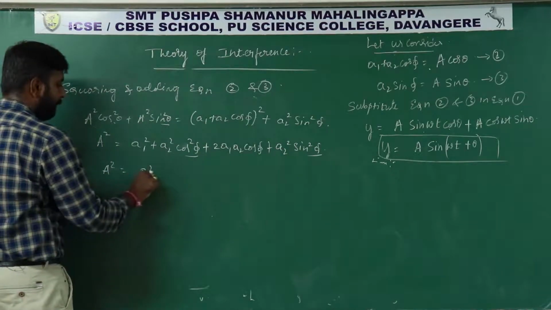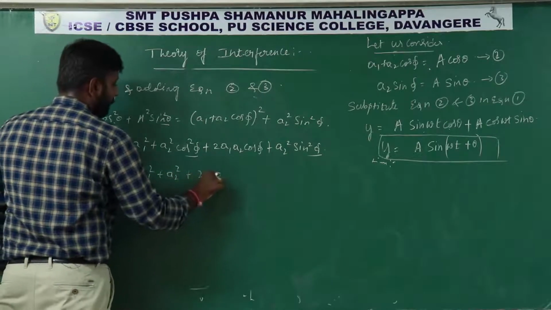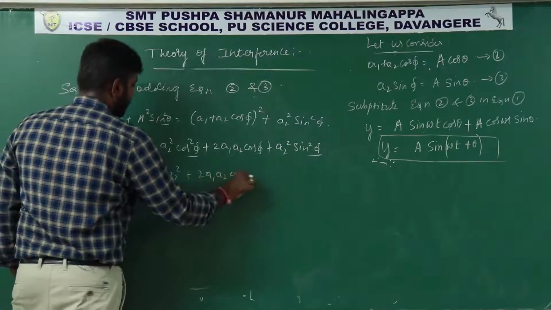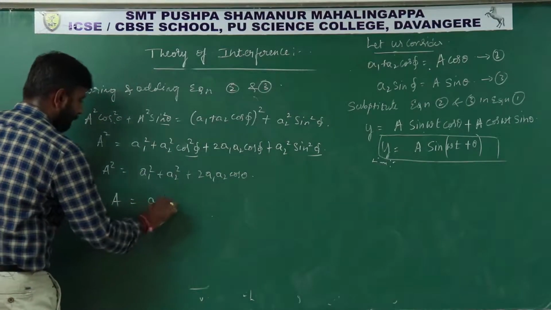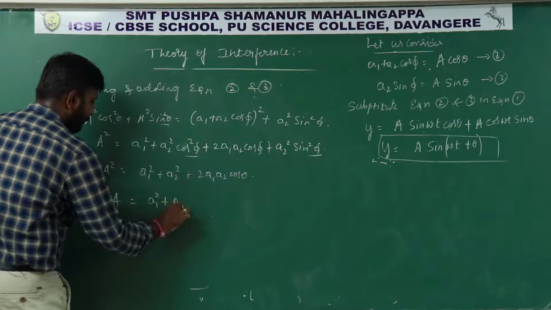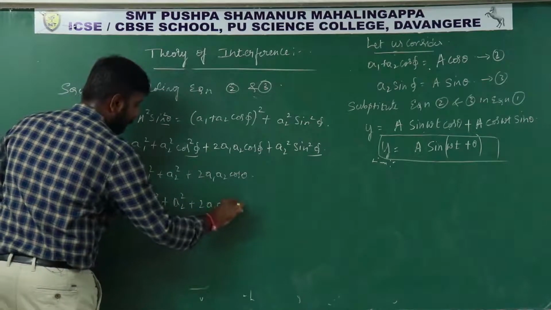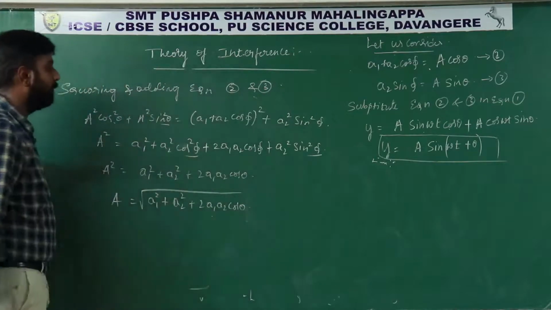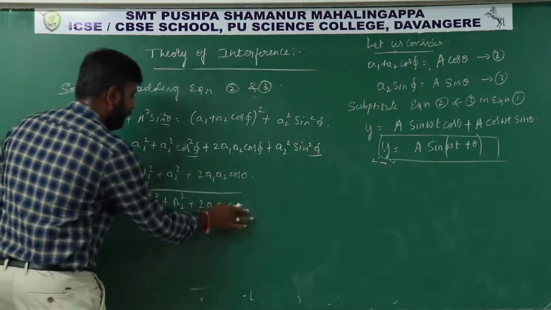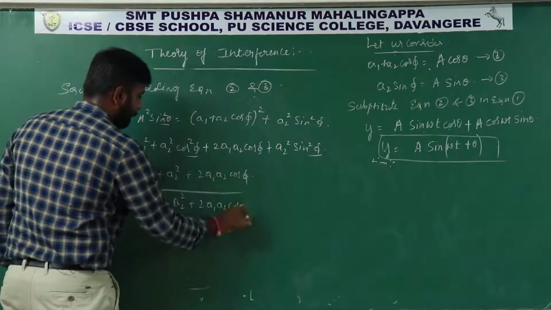So A² equals A1² plus A2² plus 2A1A2 cos φ, or capital A equals the root of A1² plus A2² plus 2A1A2 cos φ. Sorry, not cos θ here, it is cos φ.